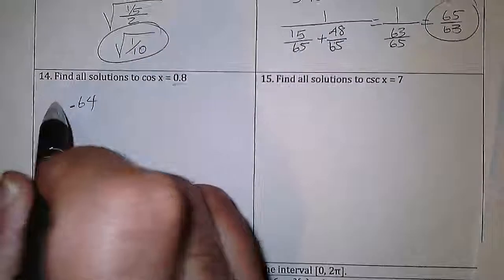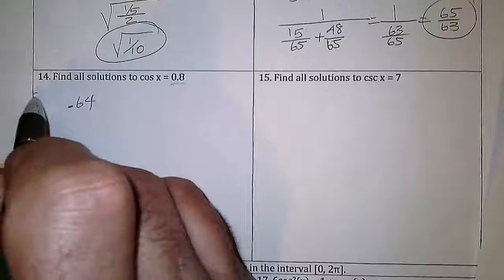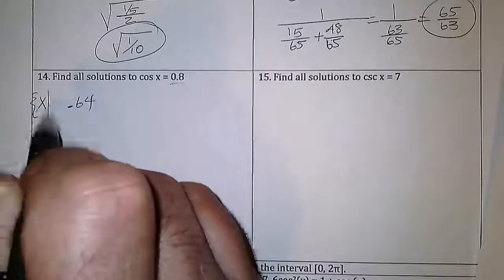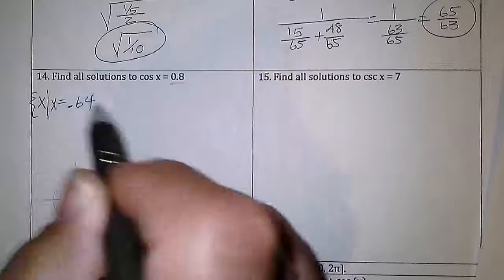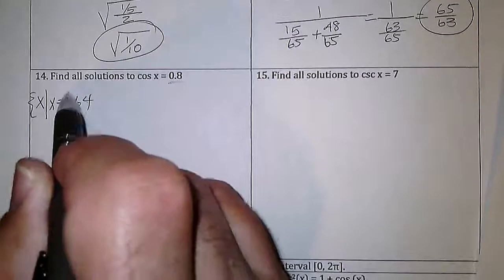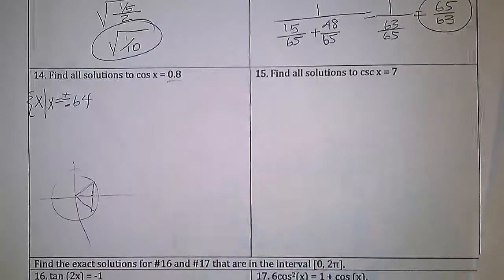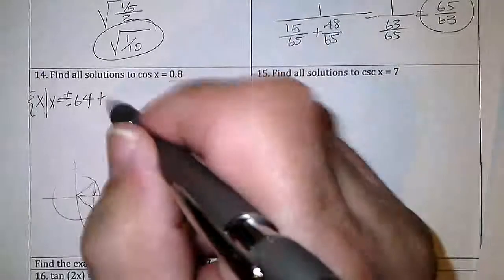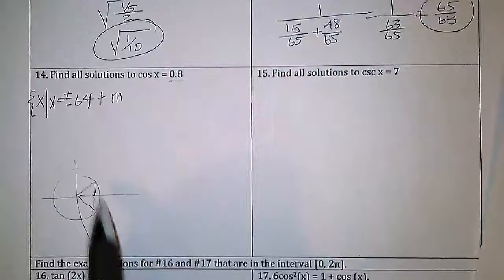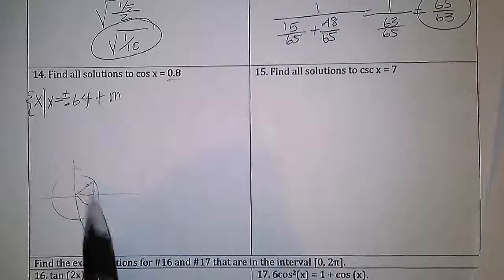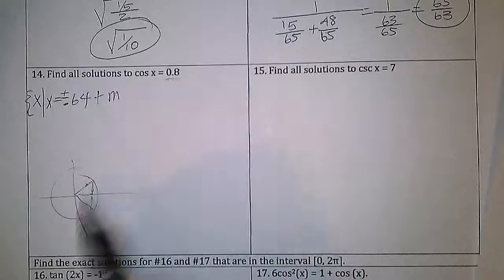And so, as I said in class, for these, we do the set whose elements are angles such that the angle has to be 0.64 or negative 0.64. So we just do plus or minus on cosine, plus multiples of 2 pi, or minus 2 pi, in this place also.